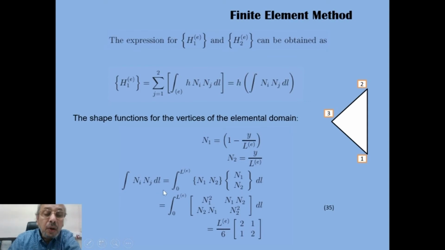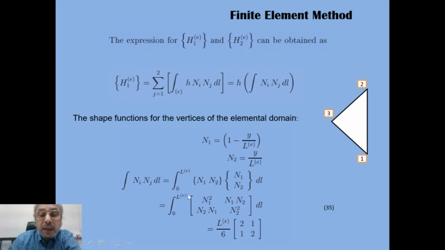So we perform this integral. You can see N1, N2, N1, N2. Now when we multiply, it becomes N1 squared, N1 N2, N2 N1, N2 squared.